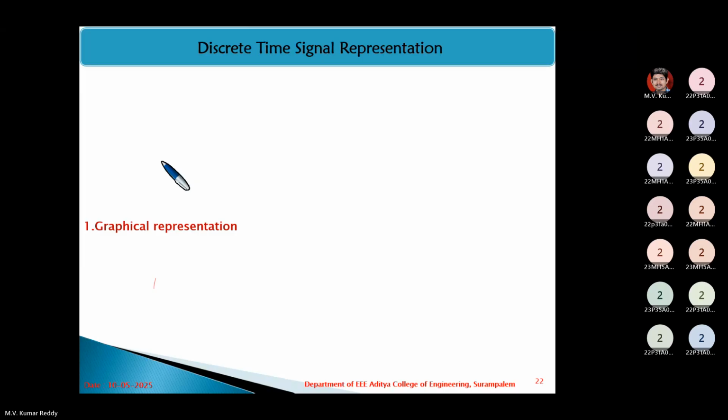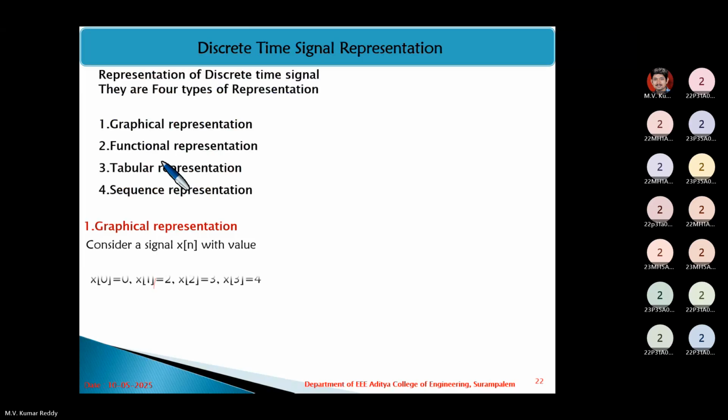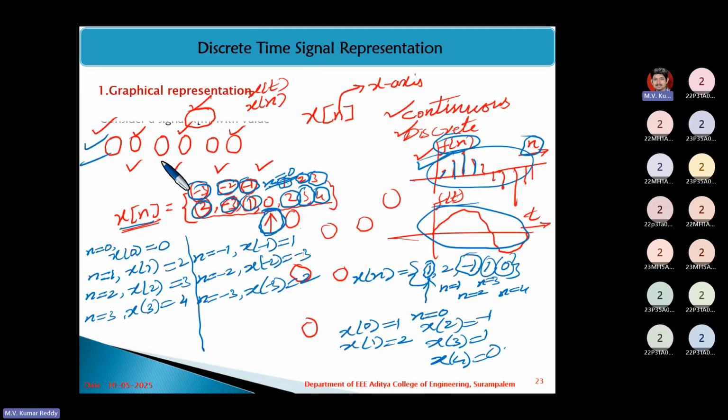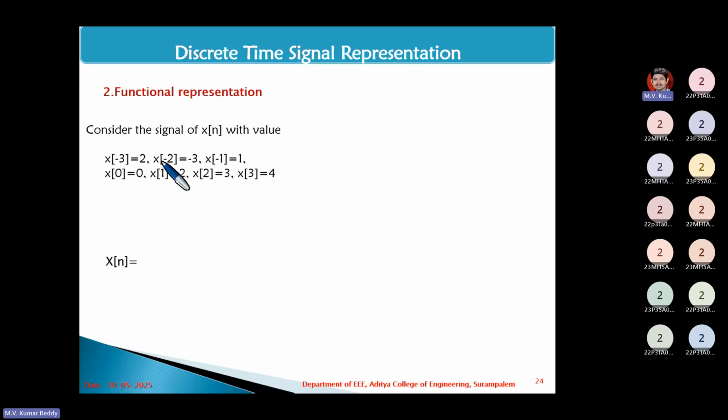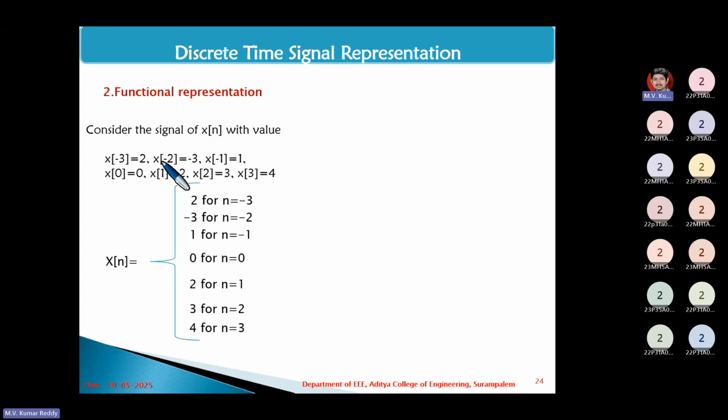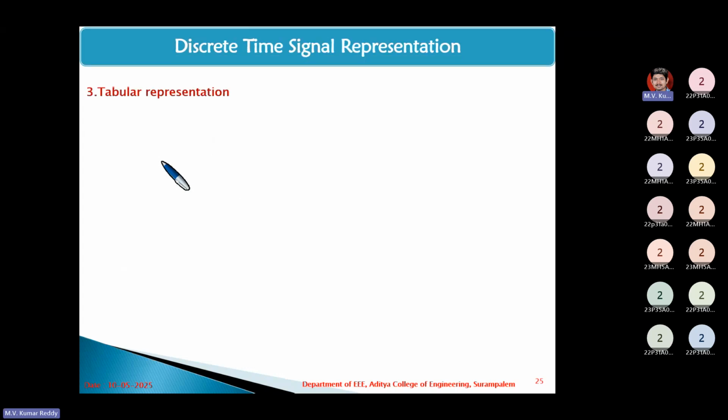Next, model 2. What is model 2? Model 2 is elementary signal problems using properties and operations.